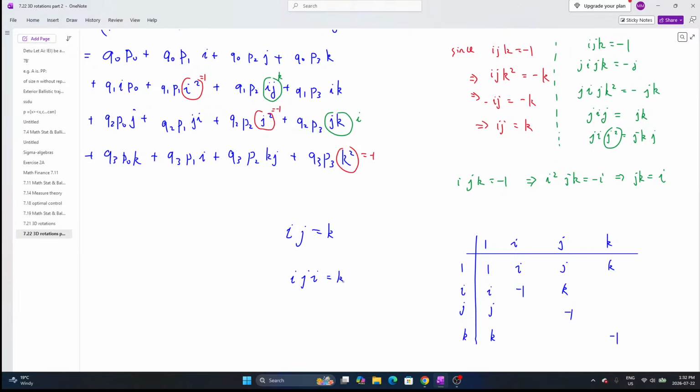You get ki. Hold on a second. I want to cook up a ji. I want to derive that. Okay, ij times i, use associativity, is i times ji.